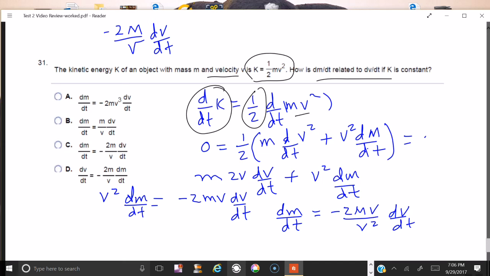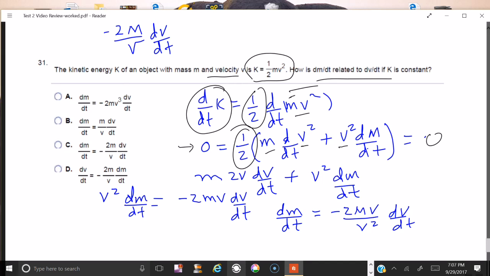d/dt of K, which is a constant, is 0. Leave the 1/2 out, and we have mv squared, which we need to take the derivative of with respect to t. So it's the first, which is m, times d/dt of v squared, plus v squared times d/dt of m, and all that equals 0.